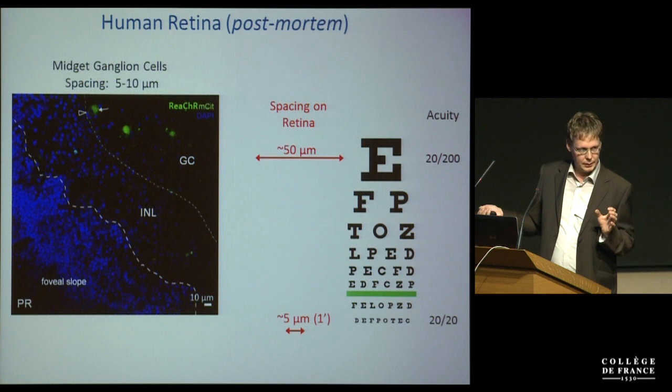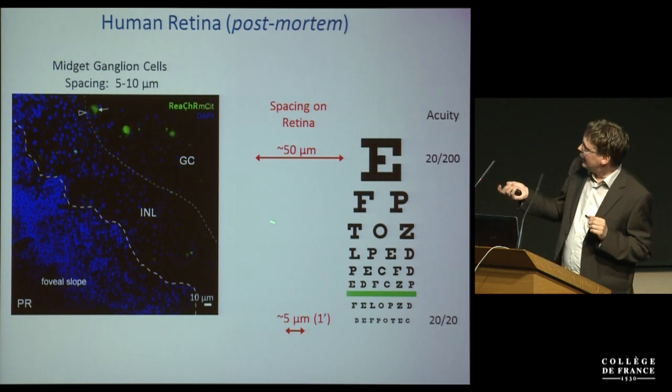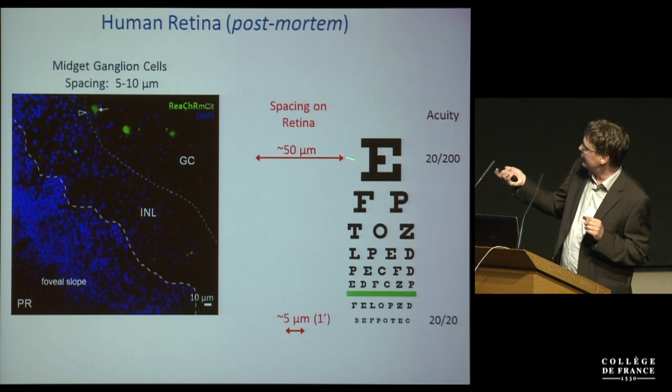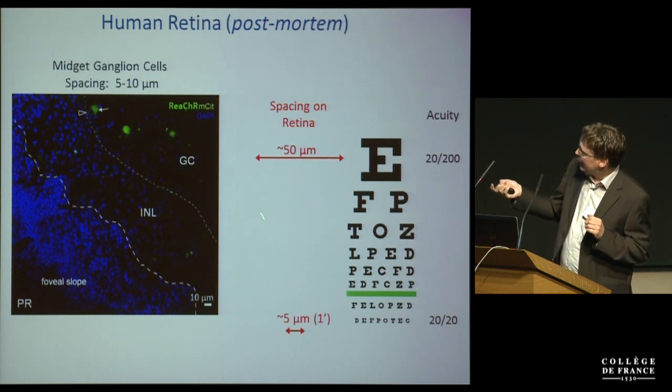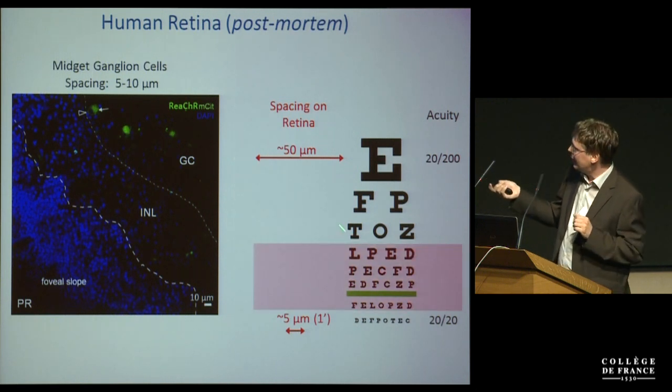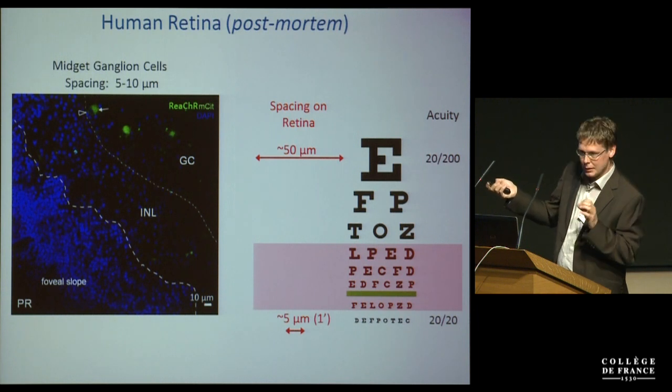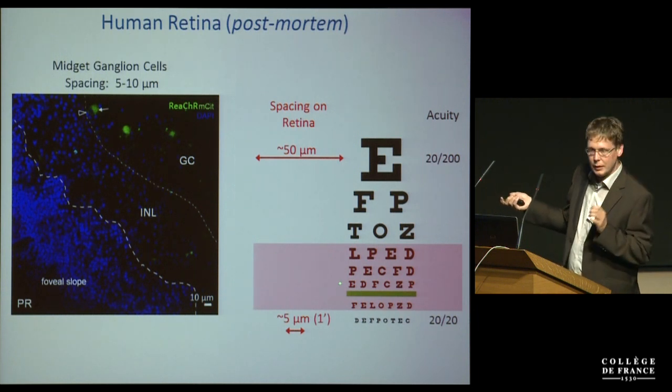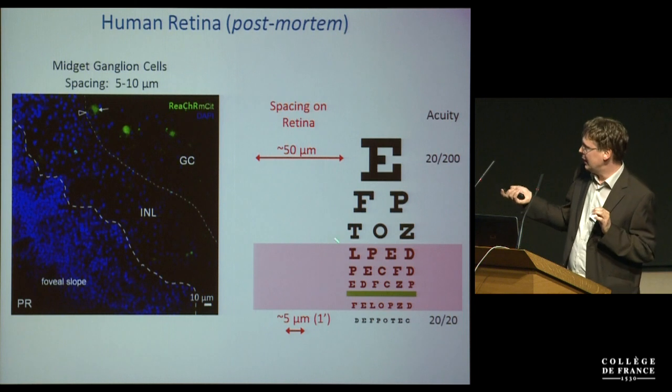This is the cone spacing. And if you have this acuity 1 log unit below, then you have 10% of visual acuity. So imagine when you're able to stimulate small receptive fields in this densely packed midget mosaic, you could end up with an acuity in this range.